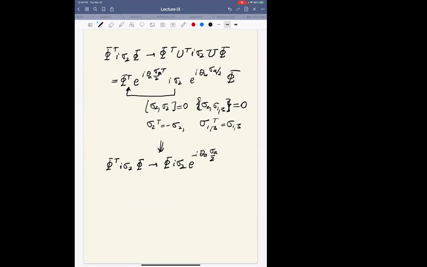Sigma 2 commutes, but it's antisymmetric. And then you get e to the theta B sigma B over 2 phi. This is U dagger U, which is 1. In other words, this is phi transpose i sigma 2 phi. I'm checking for you. You should know this in your sleep.